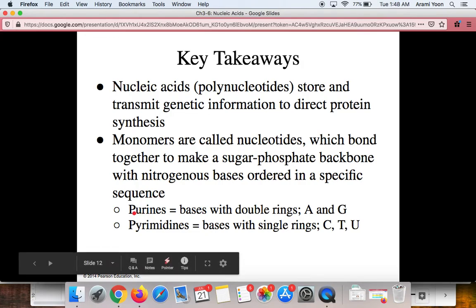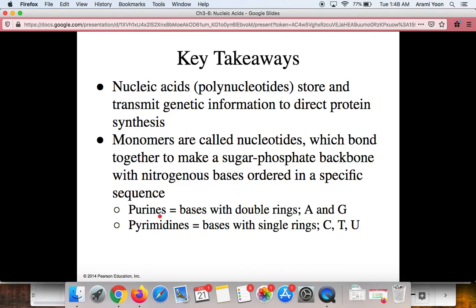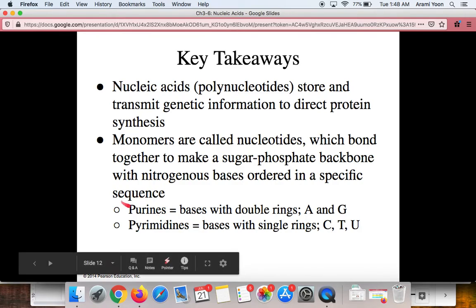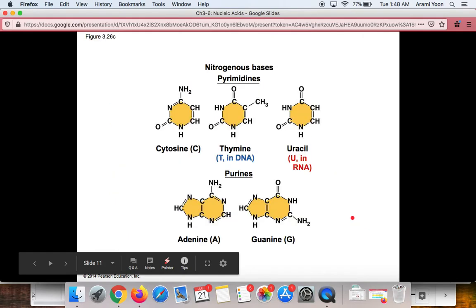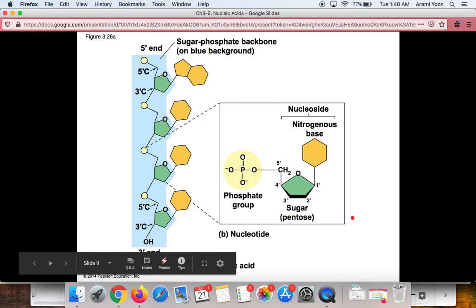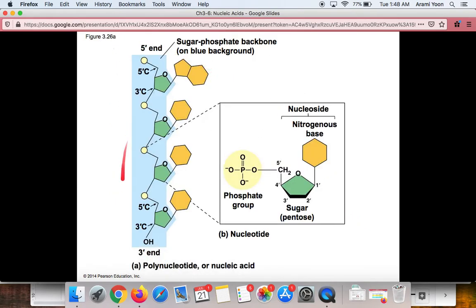Remember that for nucleotides, there are 2 types of nitrogenous bases that you'll see. Some are called purines, and these are bases with double rings, A and G, adenine and guanine. The others are pyrimidines, and there are bases with single rings, so cytosine and thymine in DNA, and cytosine and uracil in RNA.